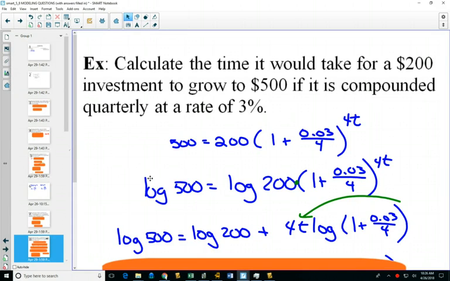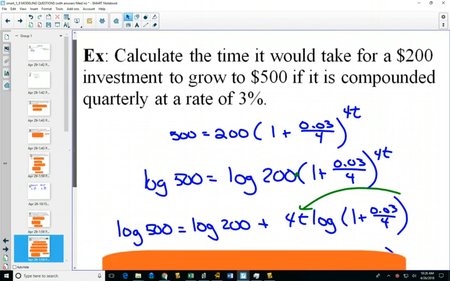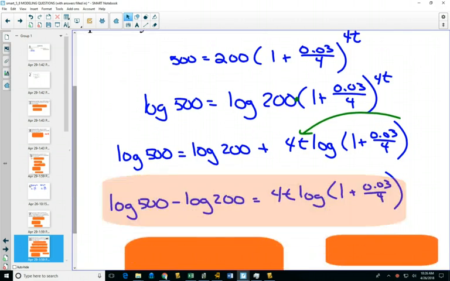And so this is why simplifying is nice, because it takes out that step of your log laws. The interesting thing is, can you see here when I subtract the log 200 to the other side, your log law for subtracting is dividing. And so you would get the 500 divided by 200 in that part anyways, or you can see why it's equivalent to the 2.5 that you probably have on your side.